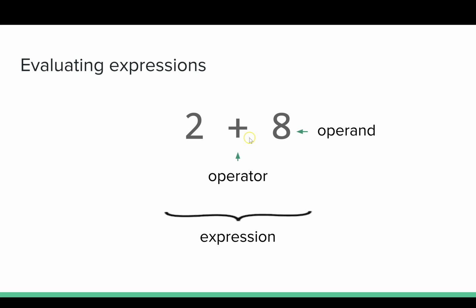Here plus is an operator and it has two operands, 2 and 8. Usually operators have two operands and we call them binary operators. We also have unary operators, which have only a single operand. For example, negative: if we say -2, it makes the number negative.